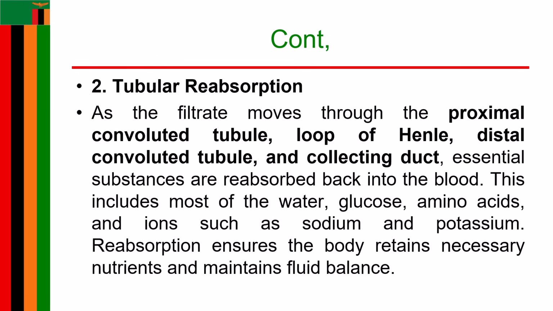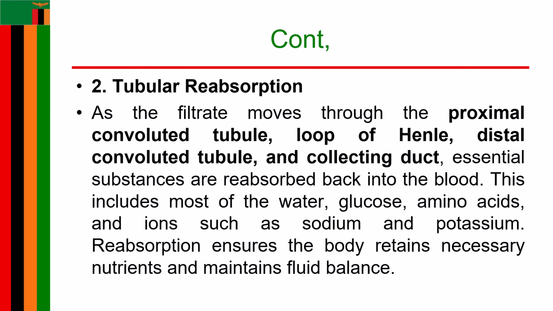Now, during tubular reabsorption, the filtrate moves through the proximal convoluted tubules, the loop of Henle, and the distal convoluted tubules all the way to the collecting duct. Essentially, as the filtrate, meaning the water containing all the waste products, moves through the loop of Henle and all these structures, the essential substances are reabsorbed back into the blood.